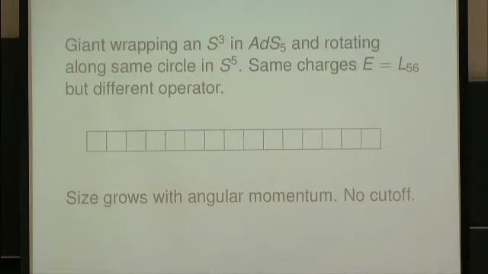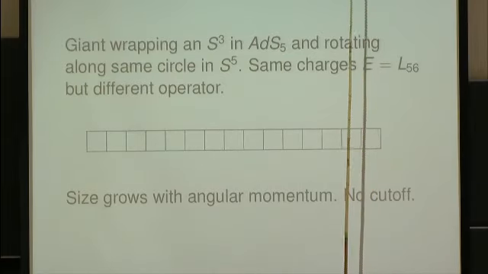There are also what are called dual giant gravitons, where the S3 is large not in the S5 but in the AdS5. They are rotating in the same circle of the S5, so they have the same charges, but they are different operators because they are a different kind of brane.